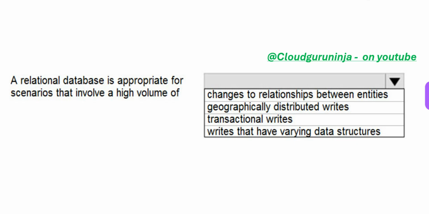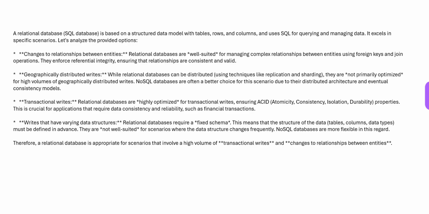But let me explain. A relational database is structured, very highly structured. It has tables, rows, and columns, and you can use SQL for querying. Now, changes to relationships between entities: relational databases are suited for managing complex relationships.